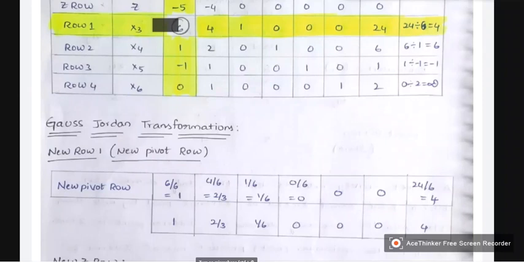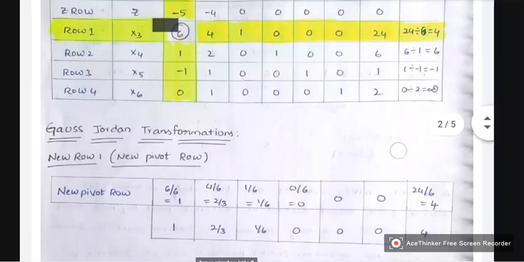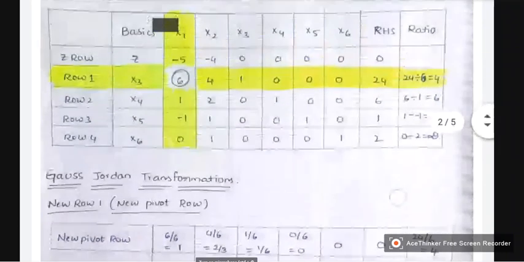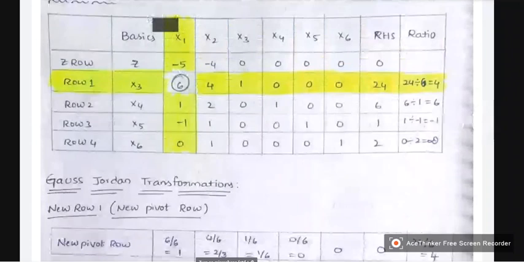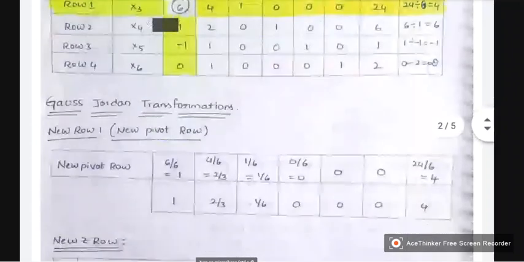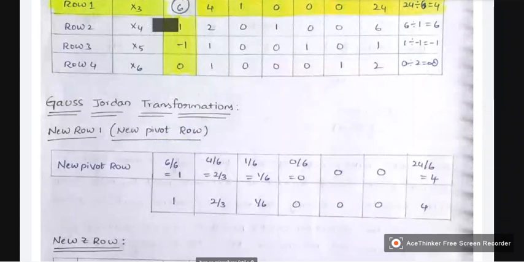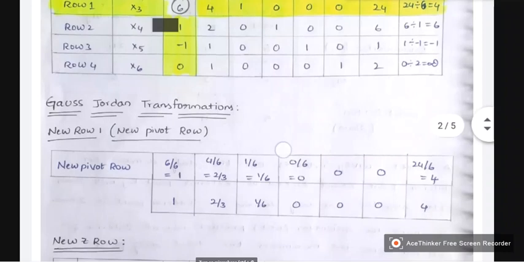So after identifying the pivot row and pivot column, we should do the Gauss-Jordan transformation. The pivot row means the x3 row. After identifying the pivot column and pivot row, we have to decide which one is leaving.